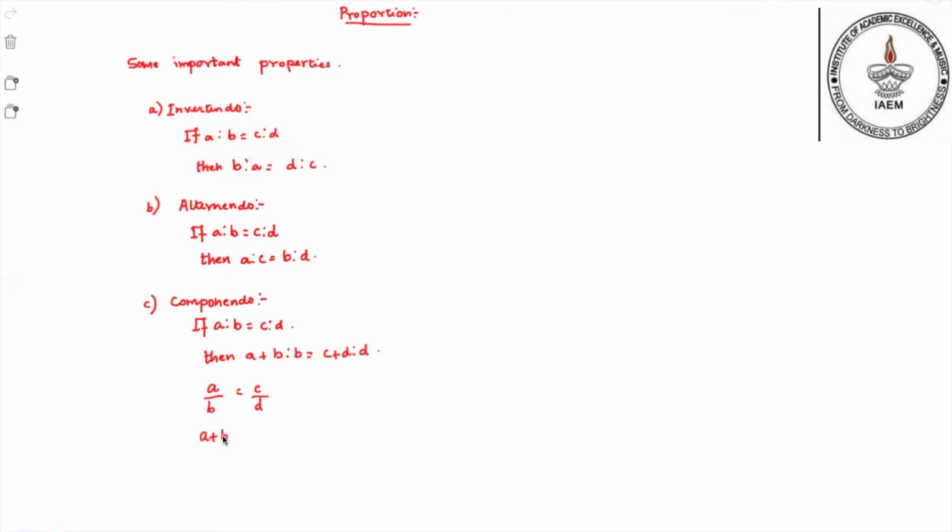That means in the numerator, we are adding the terms of the numerator and denominator. So A plus B by B equals C plus D by D. Since we know A by B equals C by D, if we add 1 to both the sides, the original equation does not change because we are adding 1 to both the sides.